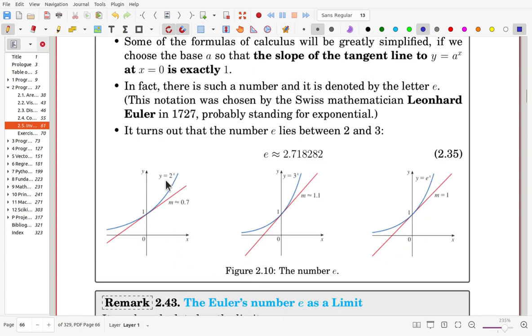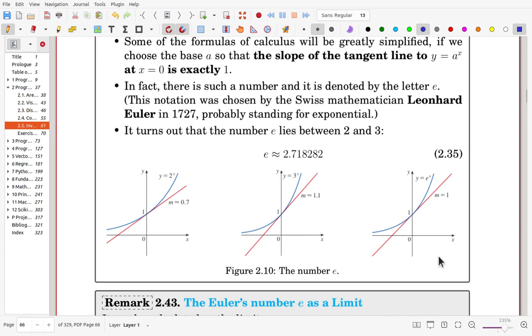For example, y equals 2 to the x, then here the slope at the point is less than 1. Now if we consider y equals 3 to the x, then this function is passing this point with a slope larger than 1. Now the question is, what is the value of a such that here the slope at the point is exactly 1?